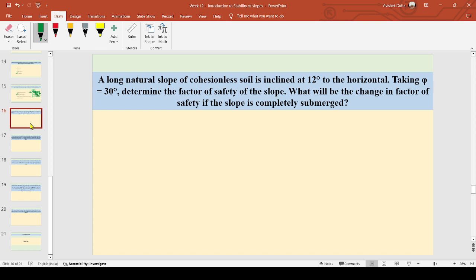Yes, in the first question, we have a long natural slope inclined at 12-degree angle. For cohesionless soil, we know the factor of safety F, that is shear strength by shear stress, equals tan phi divided by tan i.